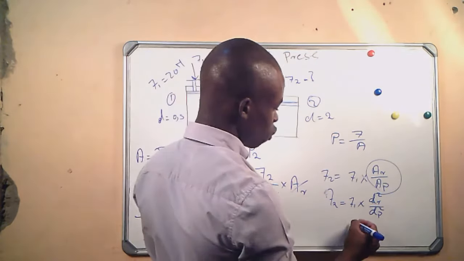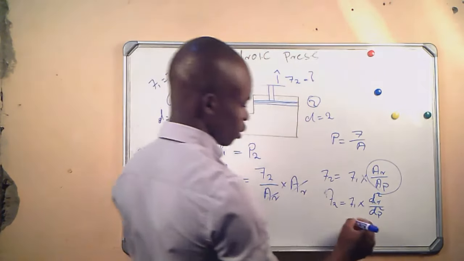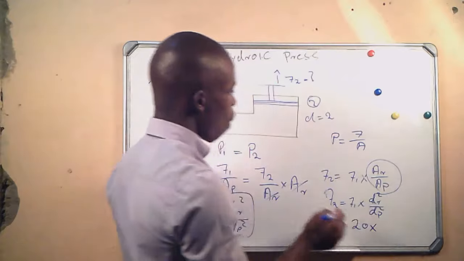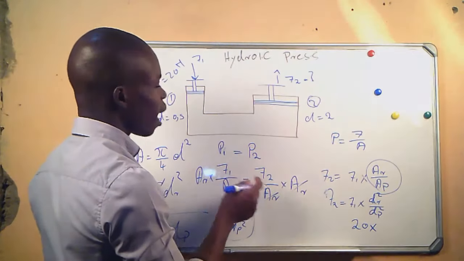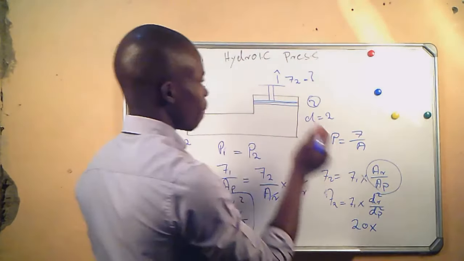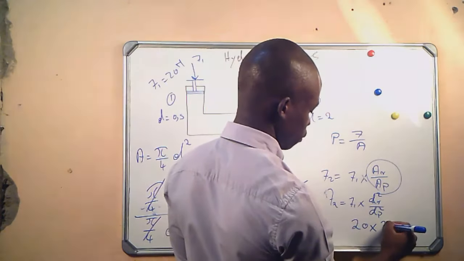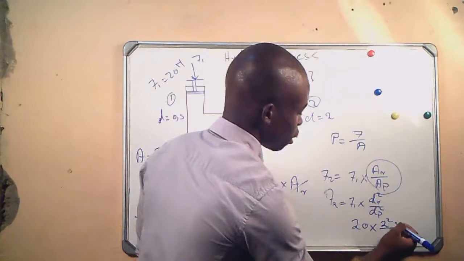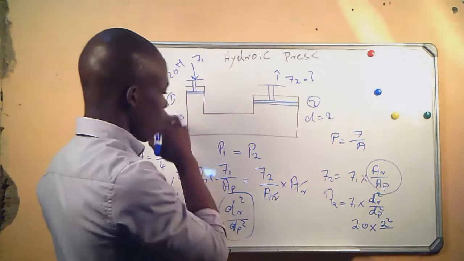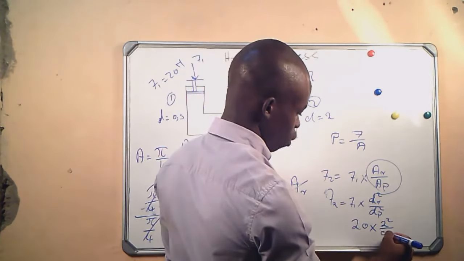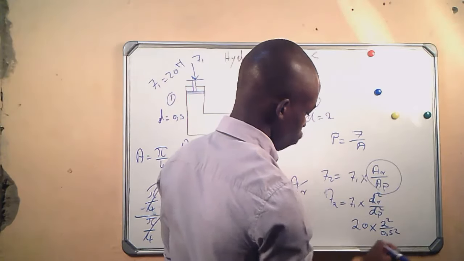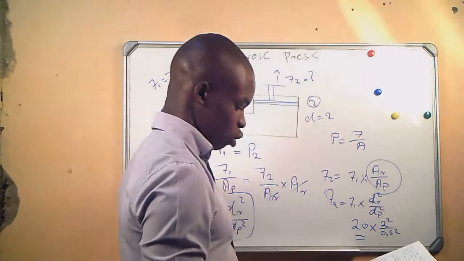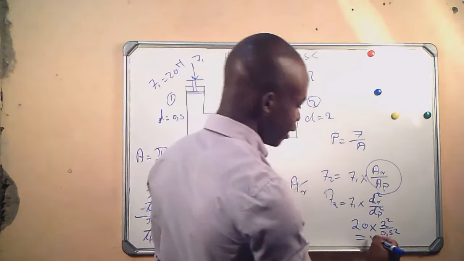F1 is equal to 20 newtons, times the diameter of the ram, which is 2, squared, divided by the diameter of the plunger, which is 0.5, squared. That gives us F2 being 80 newtons.